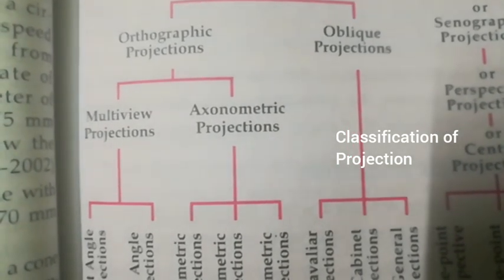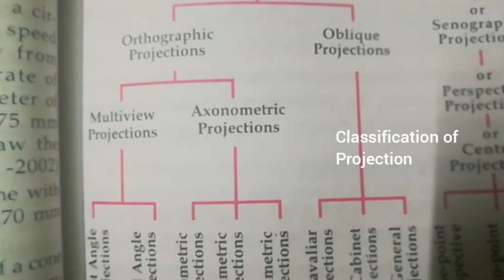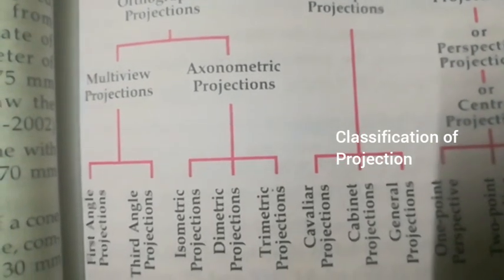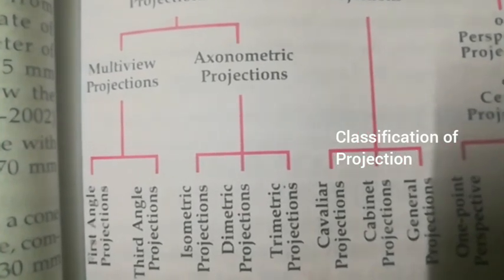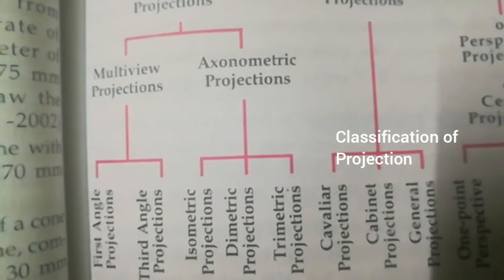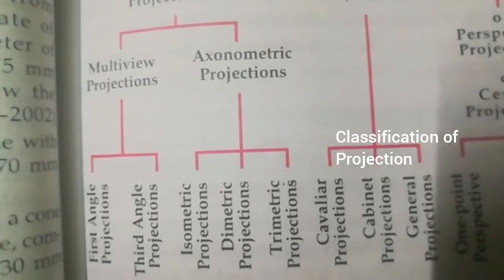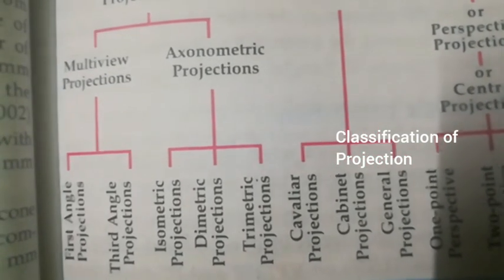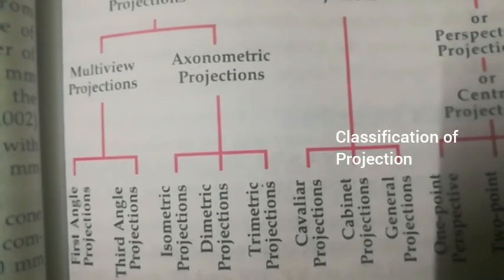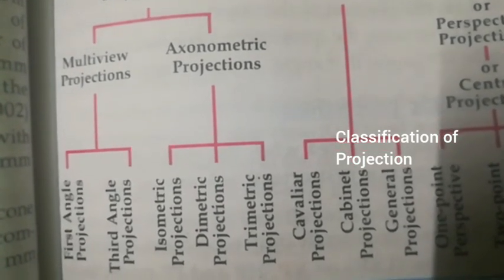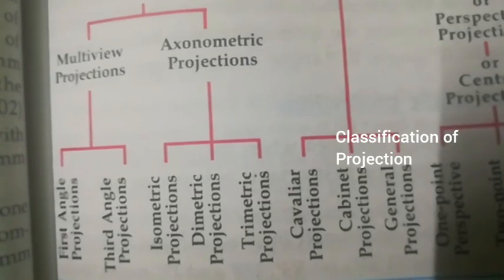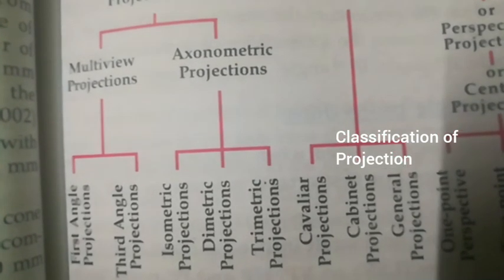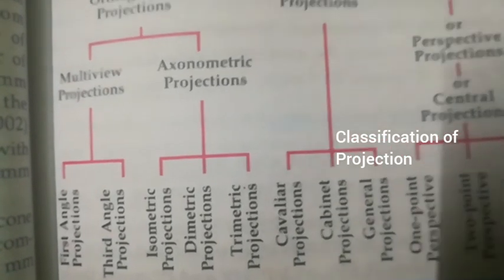Orthographic projection is again divided into multi-view projection and axonometric projection. Multi-view projection can be divided into first angle projection and third angle projection. Second angle projection and fourth angle projection are not used. Axonometric projection means a single view projection which gives a clear idea regarding the object. That is isometric projection, diametric projection and trimetric projection.